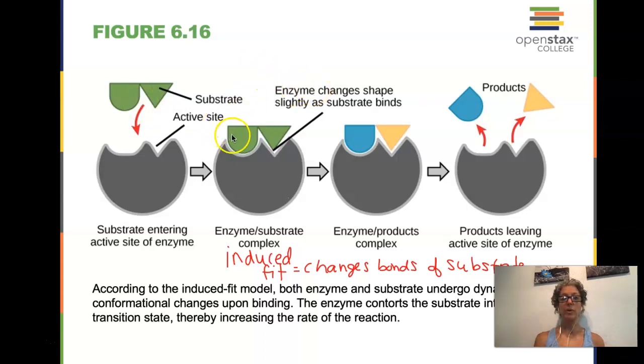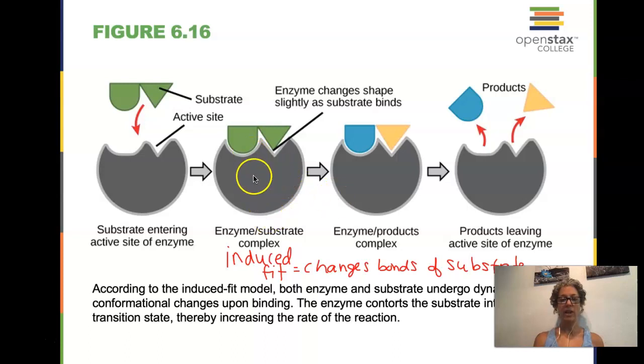When the substrate binds to the active site, there is a conformational change, a temporary physical change in the enzyme to fit more tightly to the substrate. That is called the induced fit, because that tight fit is induced or caused by the binding of the substrate.